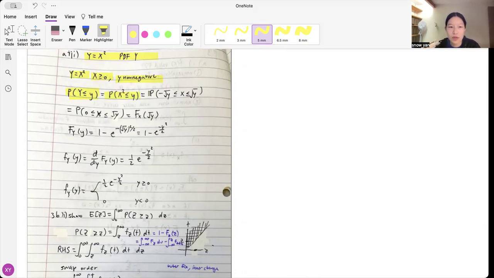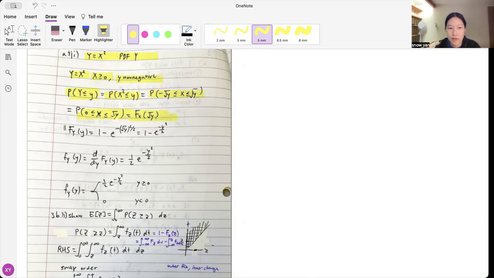If we take the square root of both sides, x has to be between negative square root y and square root y. But we know that in the negative part, it's always 0, so there's no chance that anything is going to happen there. So we can reframe it as the interval from 0 to square root y, the positive side. And then this is equal to our CDF F of X at square root y.